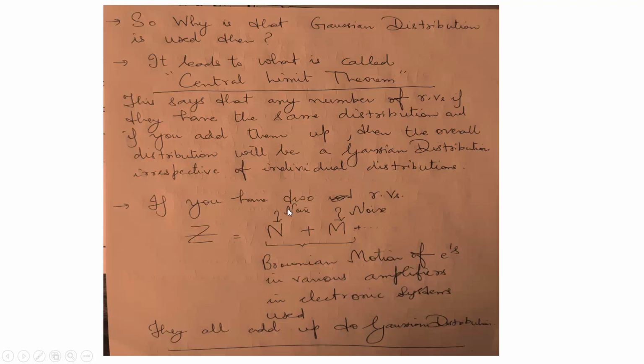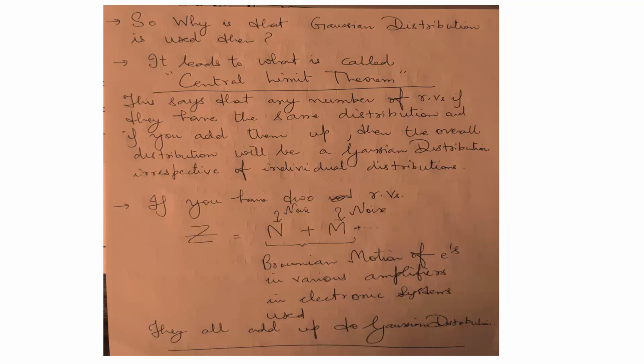Now if you have two random variables like n and m, in an electronic receiver or any electronic circuitry, there will be different parts of the circuit. Maybe some amplifiers, oscillators, and many more components can be present in this circuit.